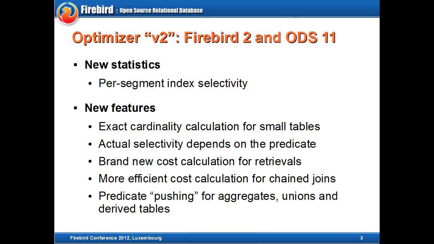If you join or select from some table using a greater than operator, the selectivity is useless. But Firebird 2 and the new optimizer had a solution for that. We introduced artificial selectivity values that can be used for non-equality comparisons, including not only greater than, but starting with, like, containing, and so on.